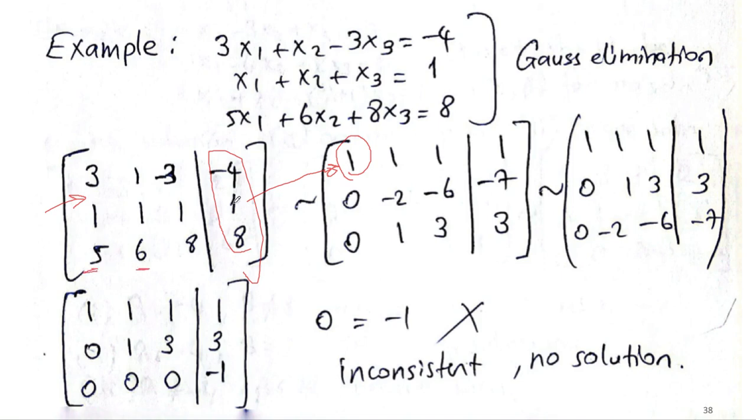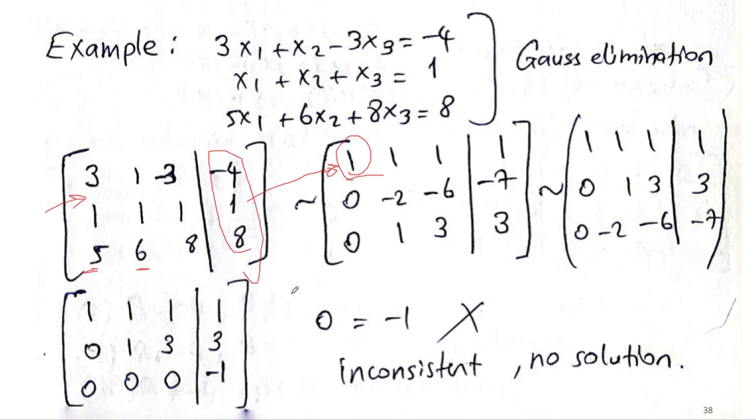That would be easier if you have 1 in the first leading term, and we can achieve that by doing the swap first. That's more convenient.